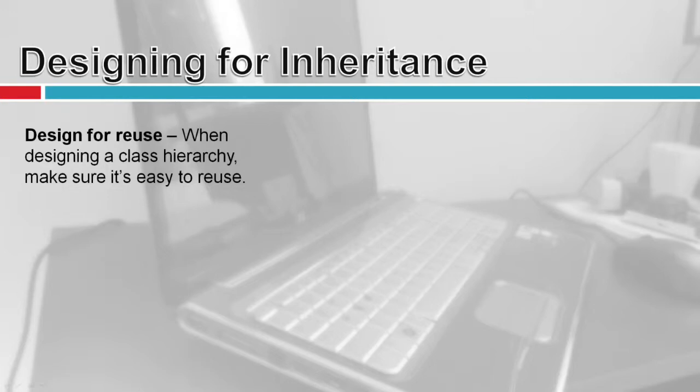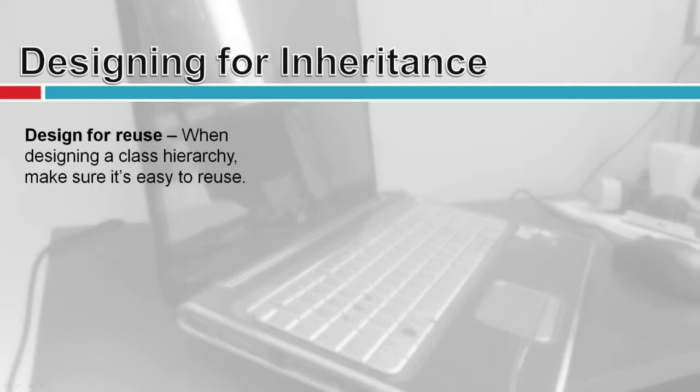Designing for inheritance. You want to design for reuse. When designing a class hierarchy, make sure it's easy to reuse. So when you create your top class, the class that everything inherits from, you want to make it as generic as possible. You want to make sure that it can be reused. If I said my top class is Honda Accord, well, there aren't many types of Honda Accords, so I really can't reuse that class.